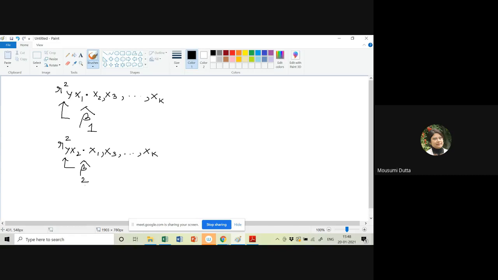Now, if R square is associated with a regression coefficient, then it indicates, given the rest of the explanatory variables, what new will be explained by this particular explanatory variable. In other words, given x2 to xk, what will be the proportion explained by x1 with respect to the variation in y.